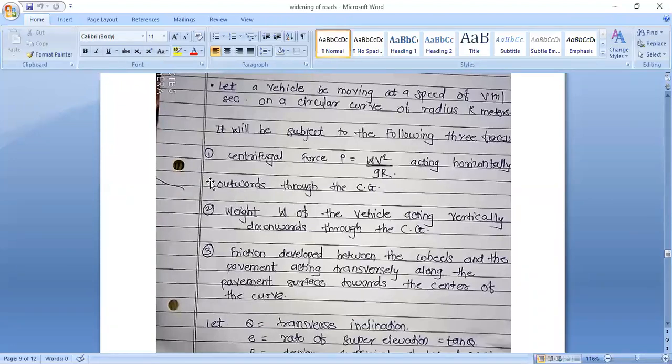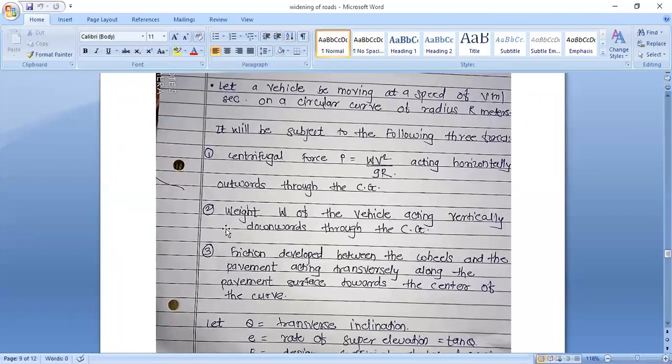First force is the centrifugal force, P is equal to W V square divided by G into R, acting horizontally through the center of gravity.